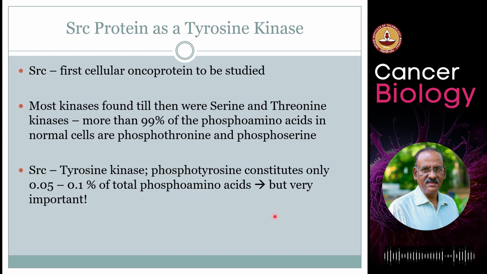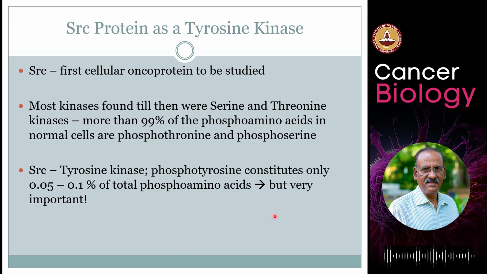Whenever we say RTK or receptor tyrosine kinase, we mean the one that is attached to the membrane, which contains an extracellular domain, transmembrane domain, and a cytoplasmic domain. Whereas SRC is not like that. But the importance of that is that it is the first cellular oncoprotein to be studied. We discussed how SRC was discovered and all that.